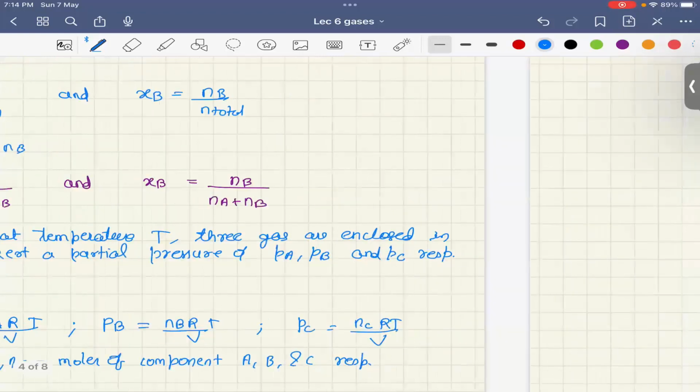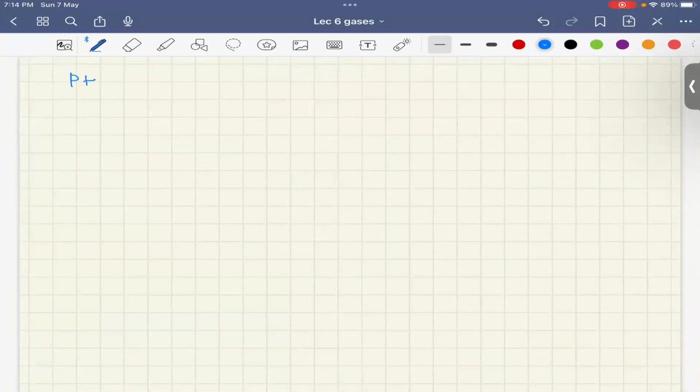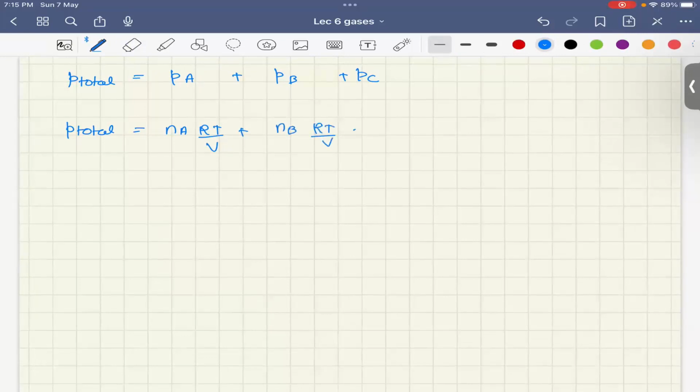And as per Dalton's law, the total pressure is nothing but Pa plus Pb plus Pc, and when we substitute, we get P total is nothing but NaRT by V plus NbRT by V plus NcRT by V. Taking out RT by V as common, we get Na plus Nb plus Nc multiplied by RT by V, right?